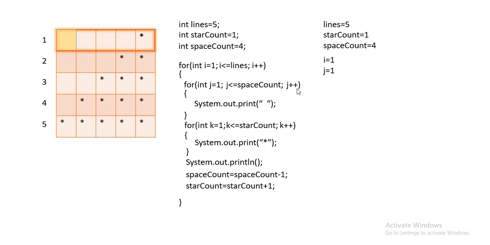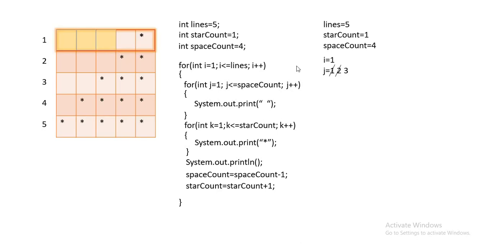Then go back to j++, j becomes 2, 2 less than equal to 4, condition true. So print out the space. Then again go back to j++, j becomes 3, 3 less than equal to 4, so print space.